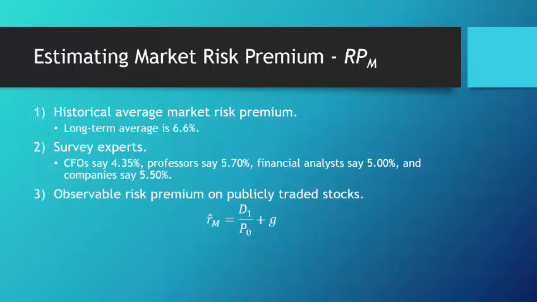And once we do that for all of them and we average them all together, it tends to average to about 6.56%, which interestingly enough is really close to the historical long-term average of 6.6%.